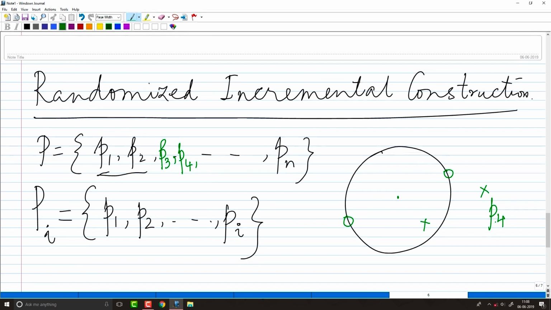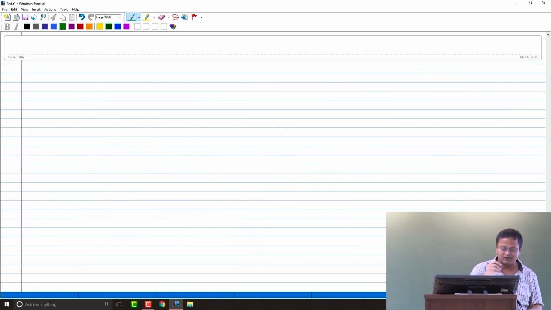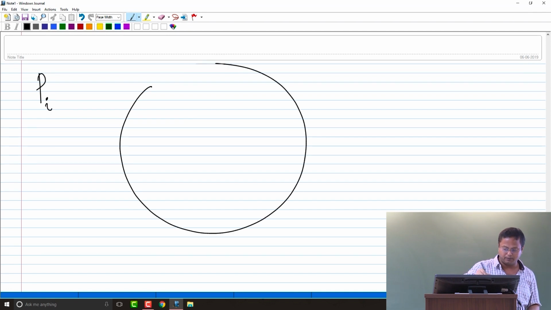Okay, so think of this general scenario. Let us think of this general scenario that I have Pi and I have been able to compute this, and say I have three points on the boundary that define Pi.